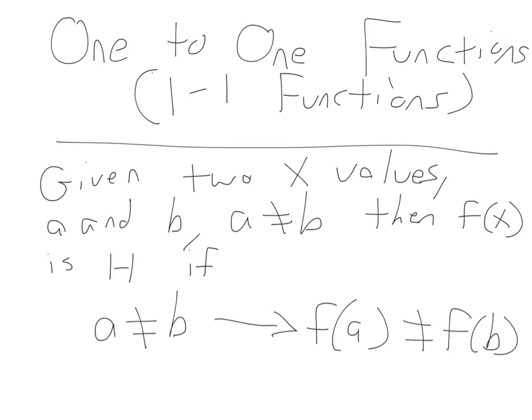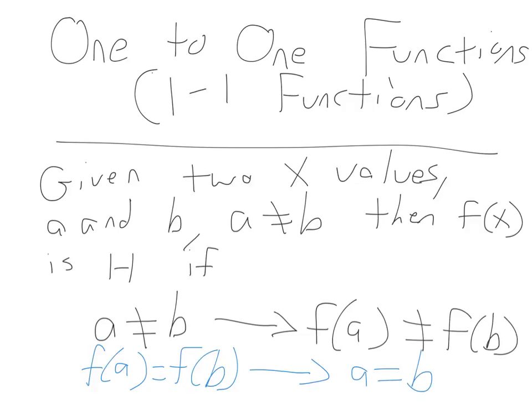Another way to think about this is by using the contrapositive, meaning you flip this conditional statement and change the inequalities to equalities. If the y values are equal, then that would imply that the corresponding x values are also equal. It's not a two-way conditional statement.